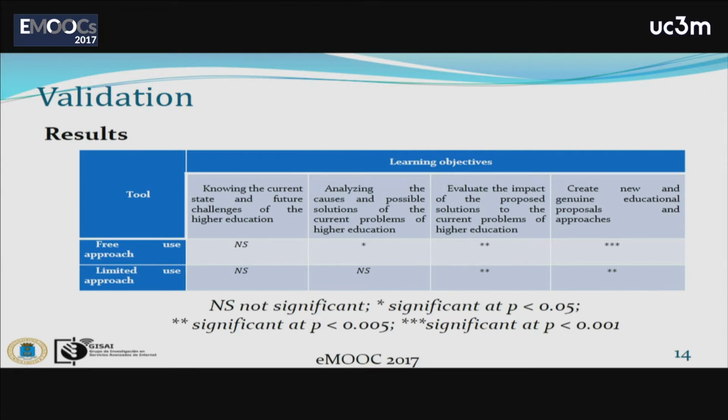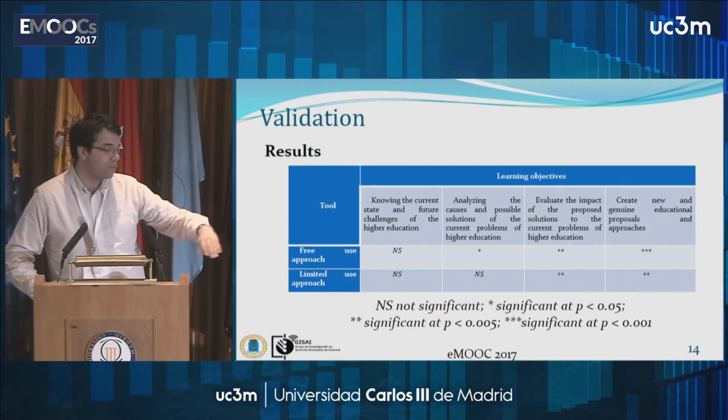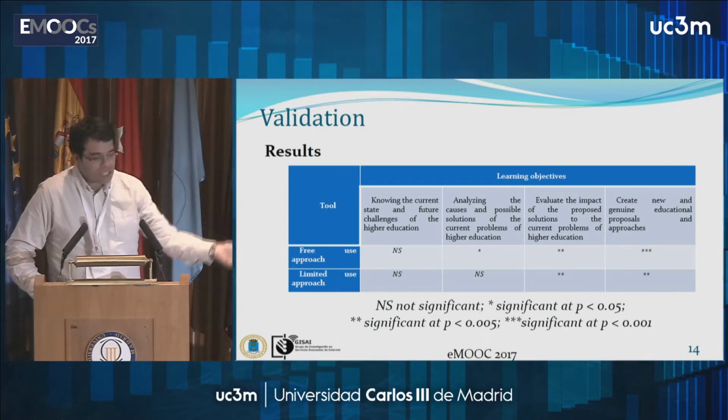The second group had three times to submit the product, and the final group could submit the product as many times as they wanted. So we compared the results between the use of a limited approach and a free approach with a traditional use of peer-to-peer tasks.